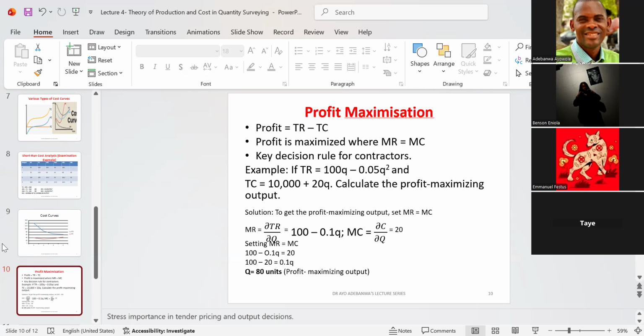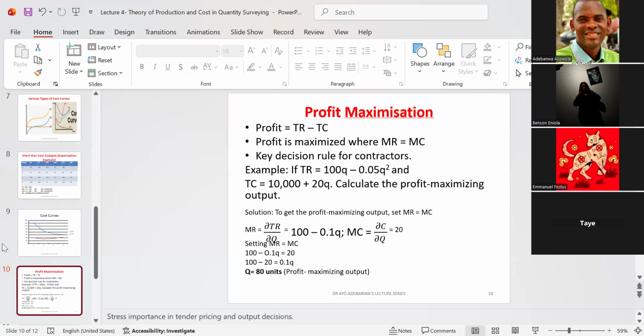For total revenue, for you to get marginal revenue, you differentiate total revenue. If you have 100Q minus 0.05Q squared, you multiply the power by the base. What's the power there? That's 2. 2 times 0.05 will give you 0.1.